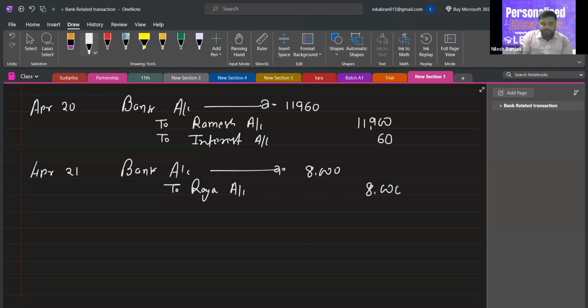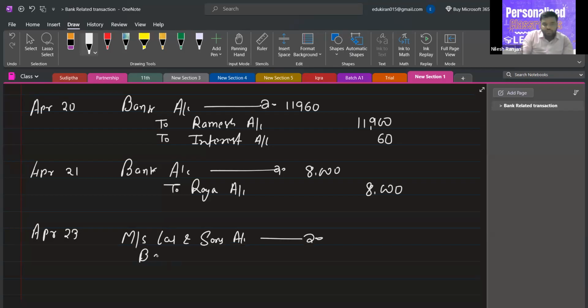8,000 here. Now the next is a bank draft got issued in favor of Messrs. Lal and Sons 5,000, bank charge 700. So we have issued a bank draft. Now we are giving money to Messrs. Lal and Sons, so Messrs. Lal and Sons account debit.